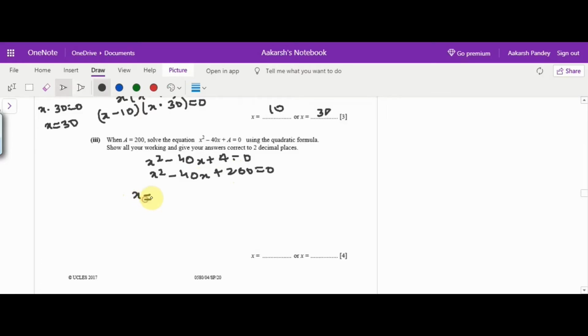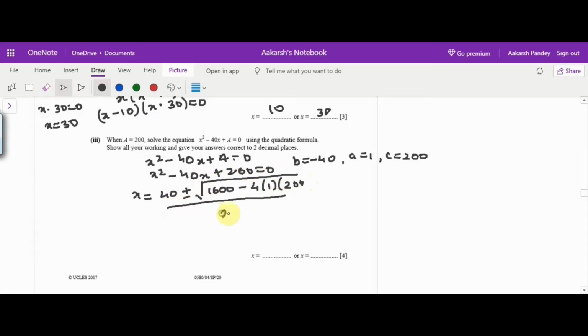So the formula is, here my value of b is minus 40, a is 1, c is 200. So x is minus b plus or minus square root of b square, which is 1600, minus 4ac, square root, and this whole is divided by 2a.